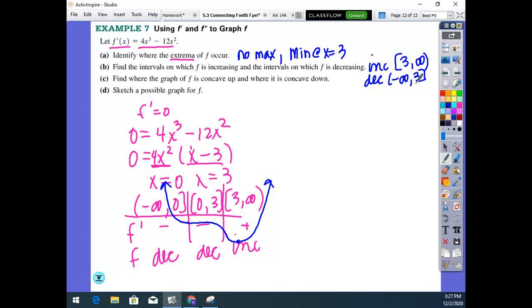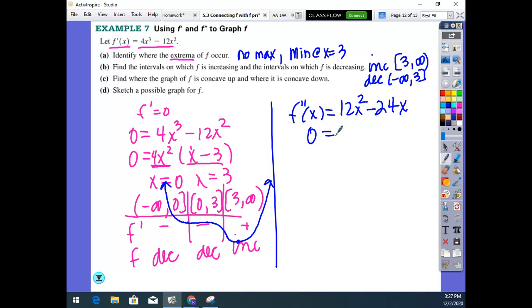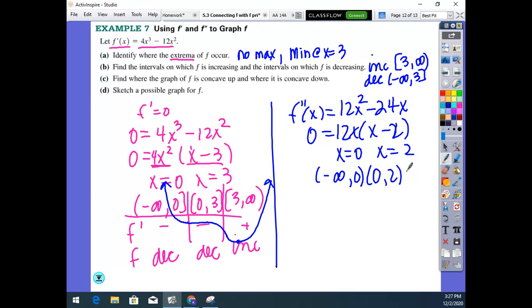Okay, now we're going to do our second derivative. Set it equal to 0. I'm going to factor out 12x. I get x equals 0, x equals 2. Let's do our negative infinity to 0, 0 to 2, 2 to infinity.